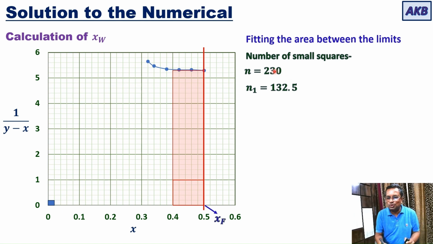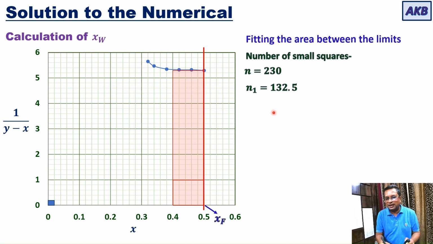Out of 230 small squares, by selecting this size of square, I have covered the entire vertical distance and accommodated 132.5 small squares.